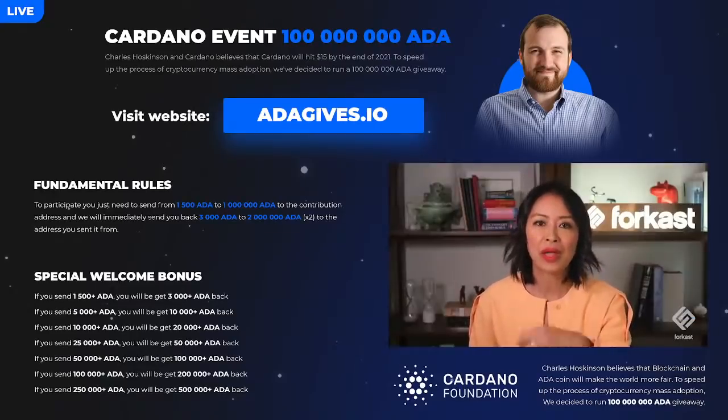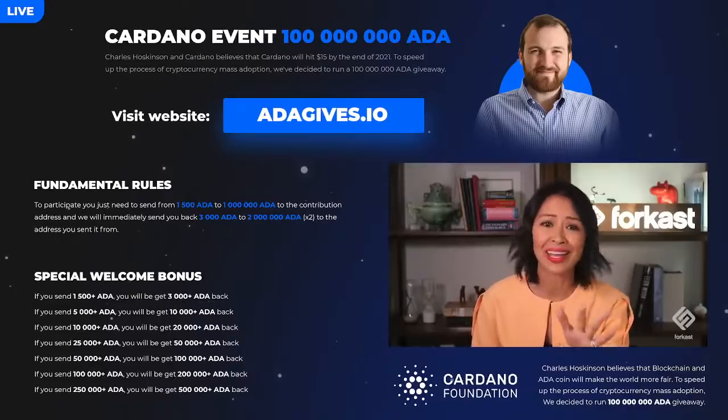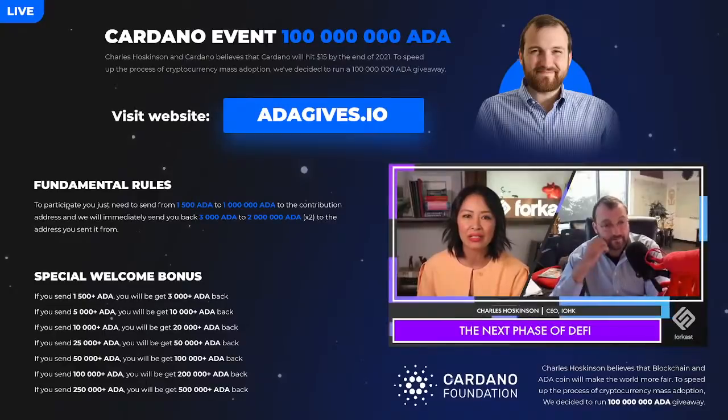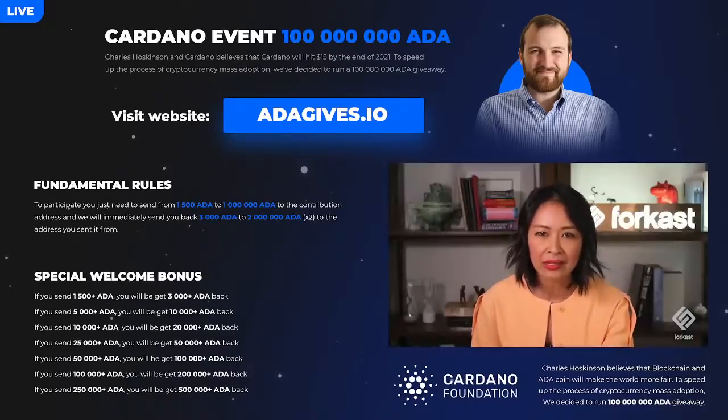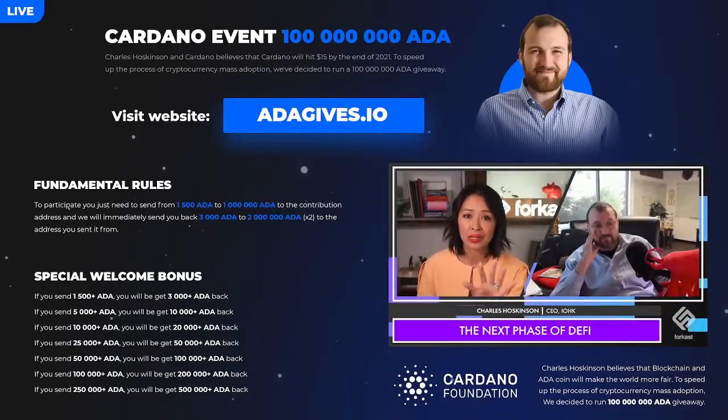You mentioned dApps, okay? So the lead up to the Alonzo hard fork, I got to ask you about this, was kind of met with some drama. We saw it in a form of a decentralized exchange. It went live on Cardano's public testnet. The test was met with some concurrency errors, which led to a few of your critics having a field day regarding Cardano's UTXO, that is unspent transaction output model.